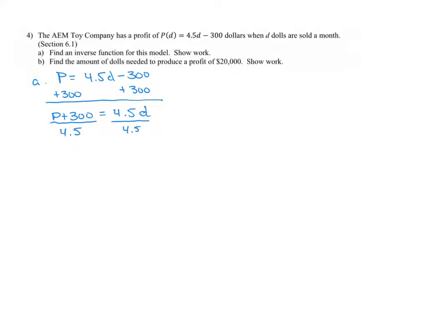We can't simplify it. We're going to leave it just like that. But we are going to want to put this in function notation. And my inverse function is going to be D of P. Remember, P is now my input. So we get D of P equals P plus 300 over 4.5.